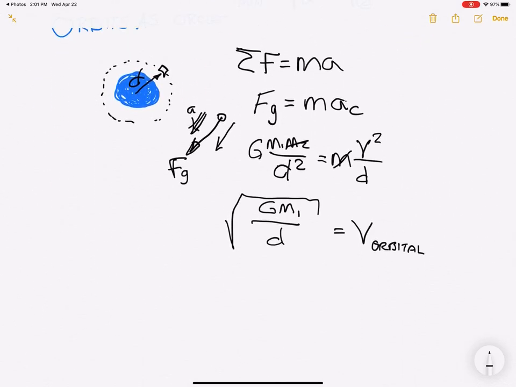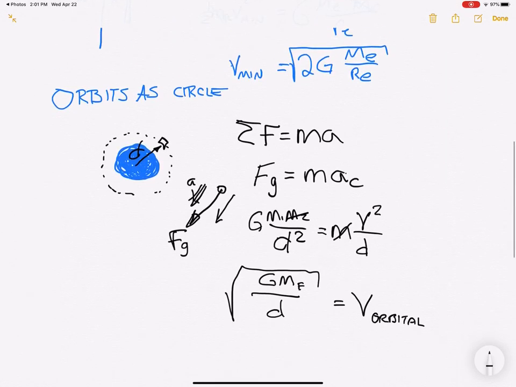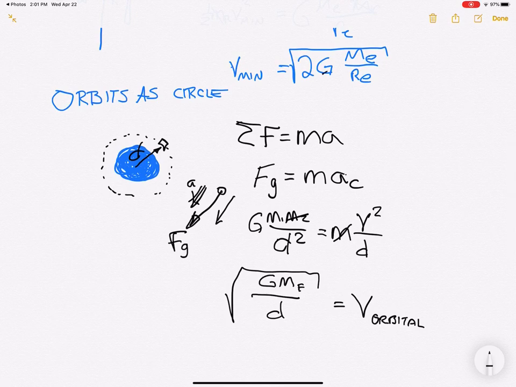When we're talking about orbital velocity, sure, it's based on big G, mass of the Earth, but d now is any altitude you want, any distance from the center of the planet to wherever this object is.